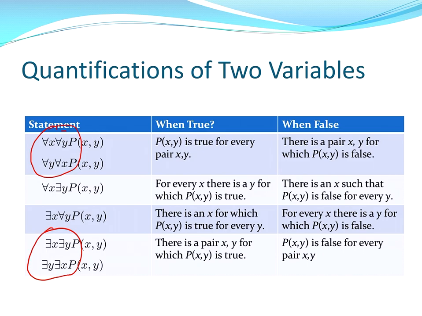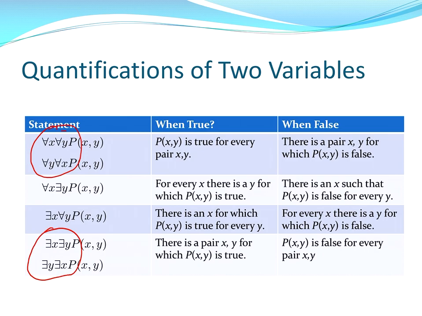But if we have for every x there exists y, so for every x there's a y for which P(x, y) is true. We stop when there is an x for which P(x, y) is false for every y.